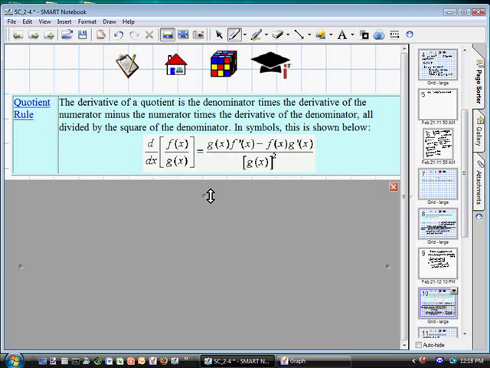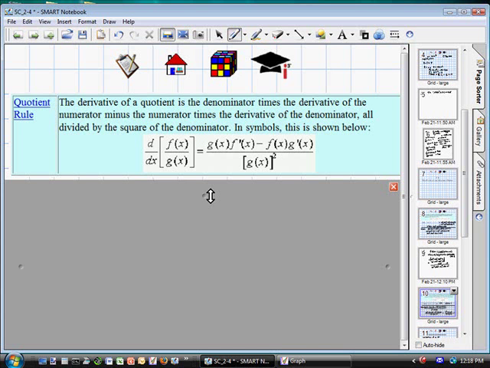So do you see how it says g of x times f prime of x? That's me saying denominator times derivative of numerator minus f of x times g prime of x all over g of x squared. I'm sorry, there is just no shorter way to do this. Say the word one more time.